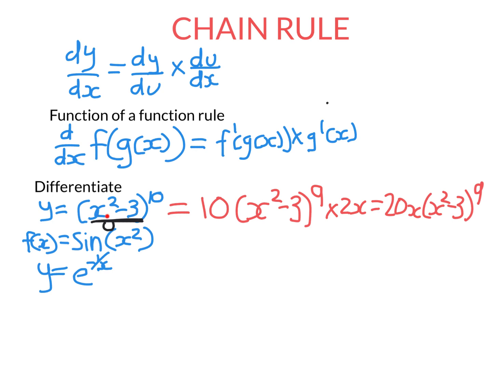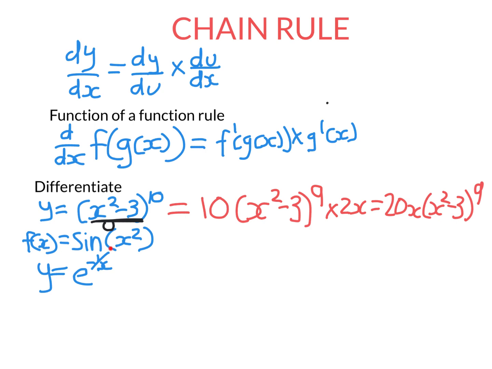It's almost like we have a function and then another function here of x. So we actually follow this chain rule up here. So here, if u is x squared minus 3, this is our du/dx, and the derivative of y with respect to u, if y equals u to the power of 10, is 10u to the power of 9. That's what we did there.